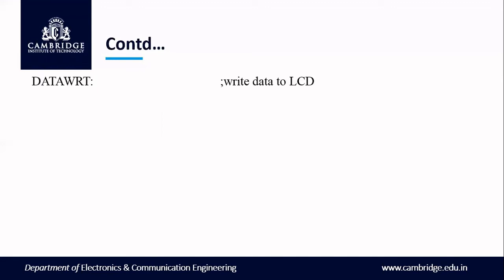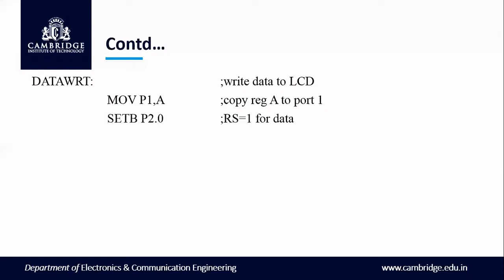So for writing the data, there is a separate subroutine here. Again, whatever letter you want to display will be there in the accumulator, that you are sending into port pin 1. When you are writing data, we need to make P2.0, that is the RS pin, as 1. We need to send 1 so that you are displaying the character onto the LCD.